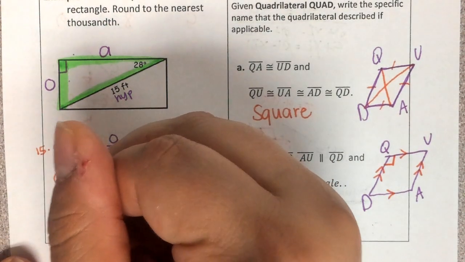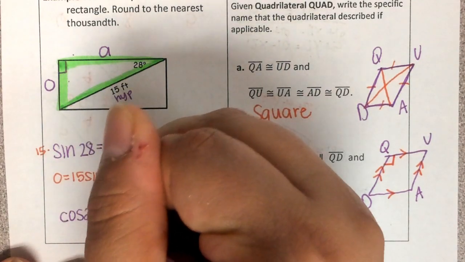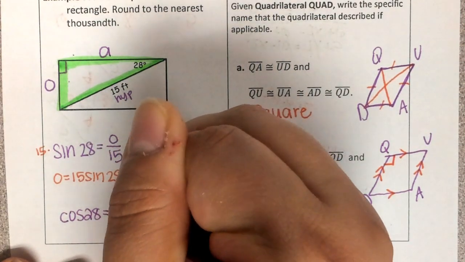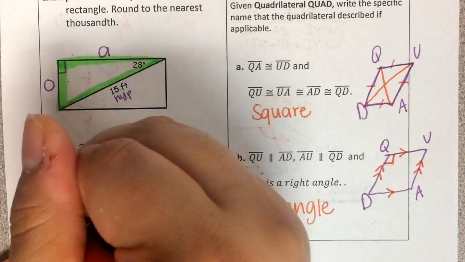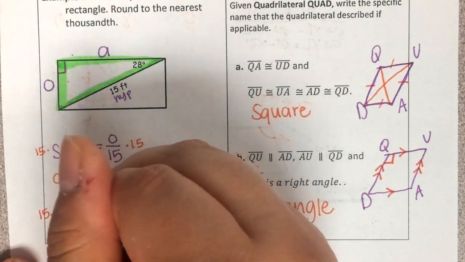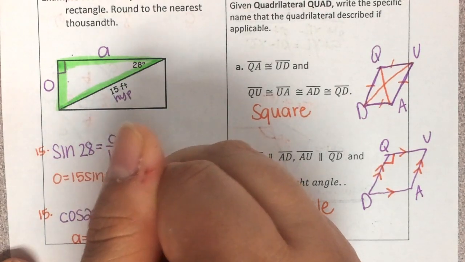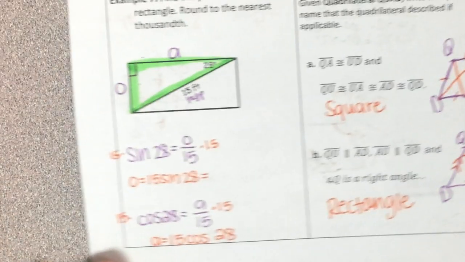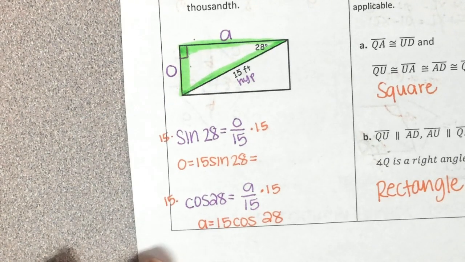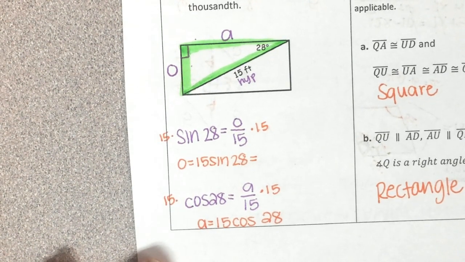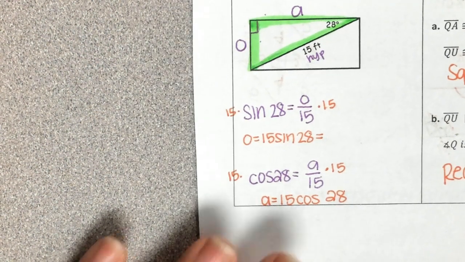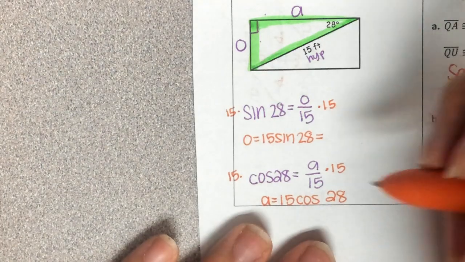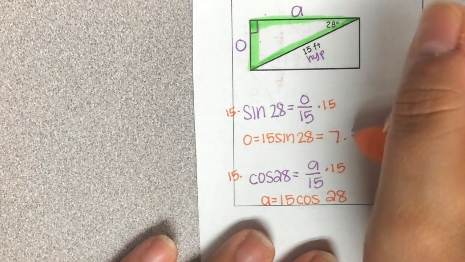Yeah. So can't I do the cosine of 28 equals adjacent over hypotenuse? The top one is cosine, the bottom one is sine. So now you have your answers.